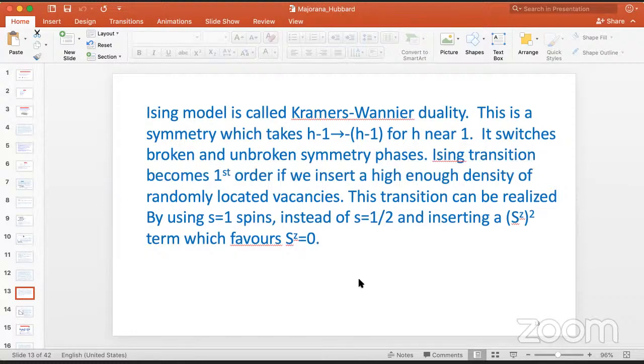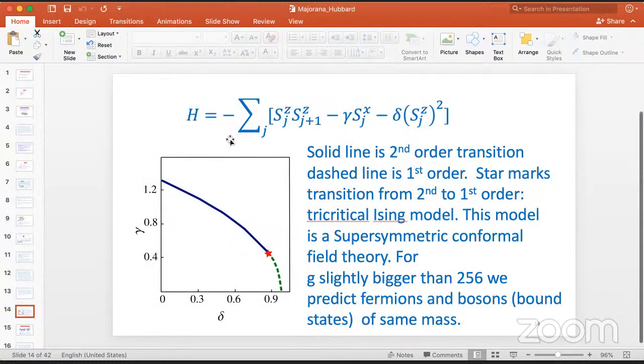So the Ising transition becomes first order if we insert a high enough density of randomly located vacancies. This transition can also be made first order by using spin ones instead of spin halves, inserting an SZ squared term which favors SZ equals 0. So this is the famous Hamiltonian for studying the tricritical Ising point.